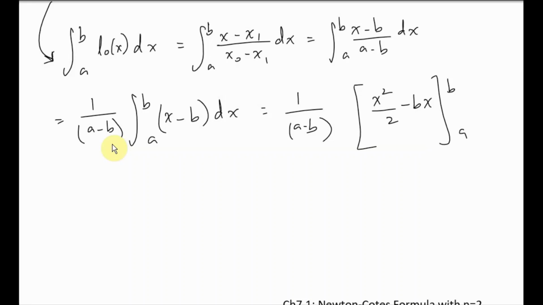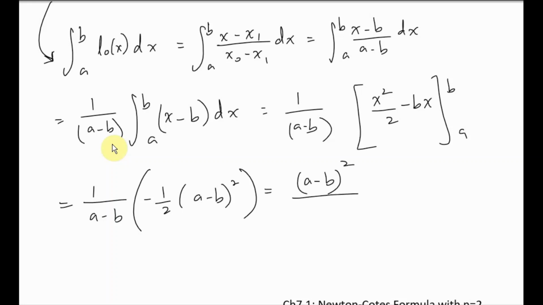Okay, and if we simplify this, we're going to end up with 1 over a minus b times negative half a minus b whole squared, which is essentially a minus b whole squared divided by negative 2 times a minus b.